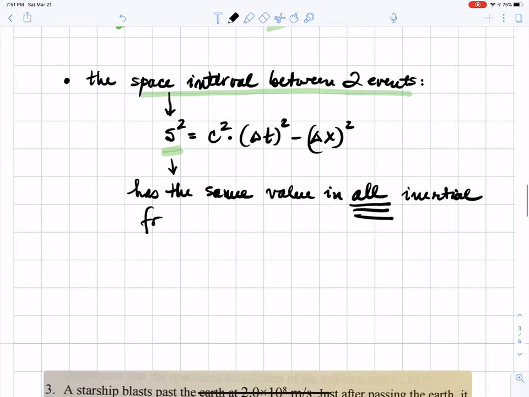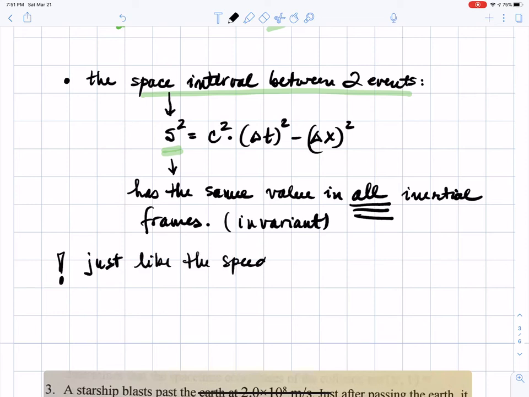So that is called an invariant, just like the speed of light. Refresh your memory there.